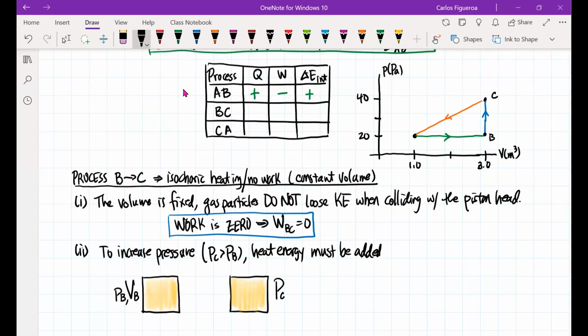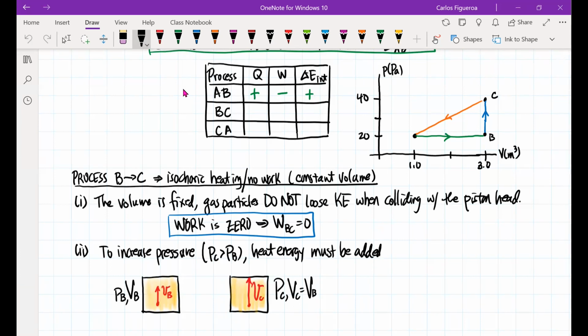So then the pressure at C has to be bigger than the pressure at B. The only way I can do that is that my kinetic energy, my speed at B, has to be larger at C. So this is clearly B and then this is C here.